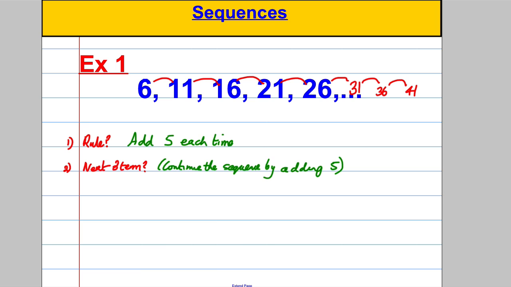Okay, right, the next thing that you could be asked, what's the nth term? What's called the nth term of a sequence? And what the nth term is, is a formula that tells you what the term in the nth position is. So for example, you could use it to find what the 17th term is, the 100th term, the millionth term.